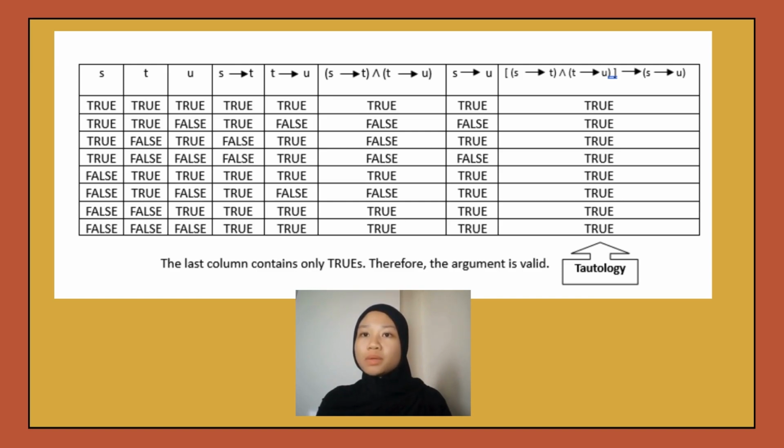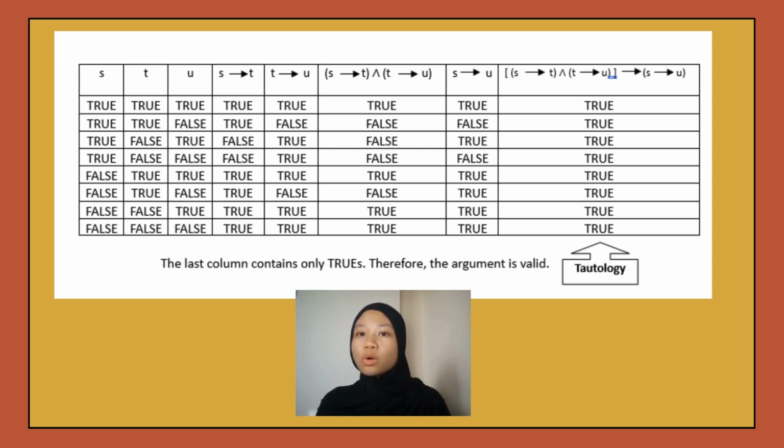For the combination S implies T and T implies U, the column is true, false, false, false, true, false, true, true. For S implies U, the column is true, false, true, false, true, true, true, true.